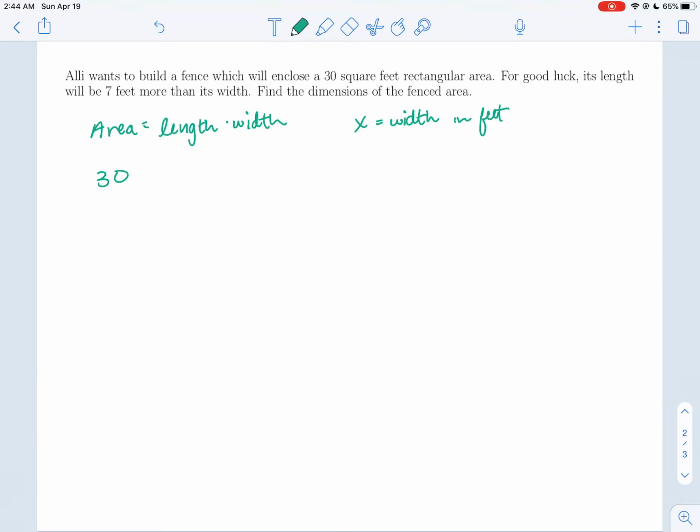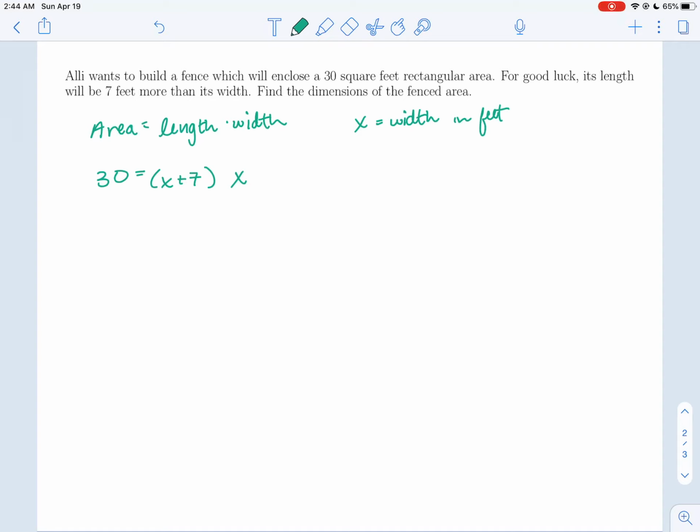So I know that the area is 30 feet, so I can replace area with that. I know that the width is x, so I'm going to replace the width with an x. And I know the length is 7 feet more than the width. Remember, more than is an addition. So I'm going to do an x plus 7 in place of the length, where x is the width.